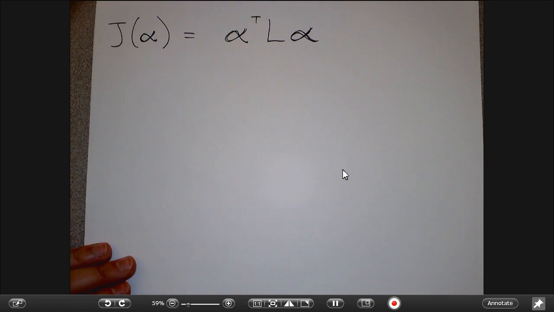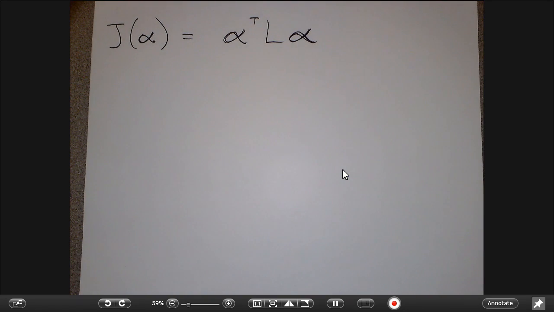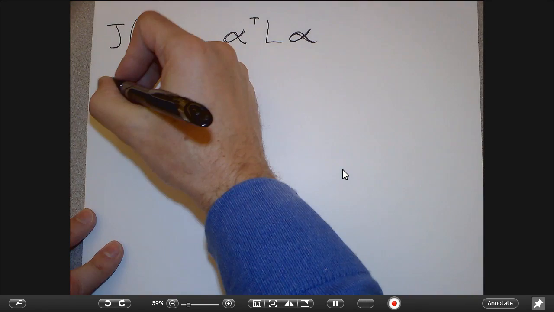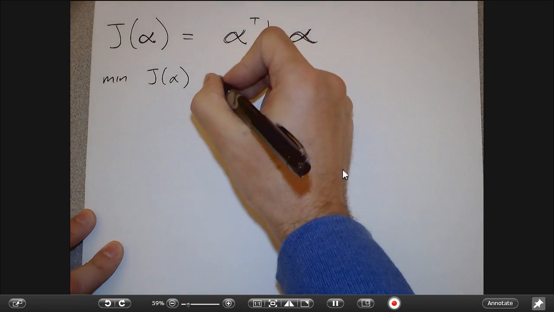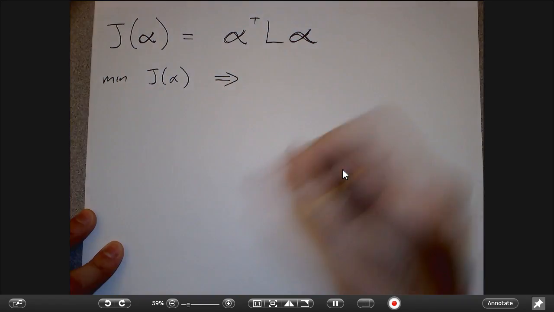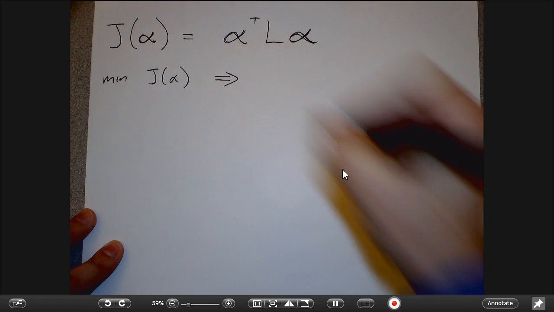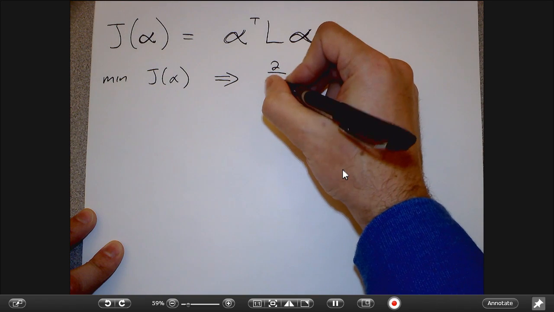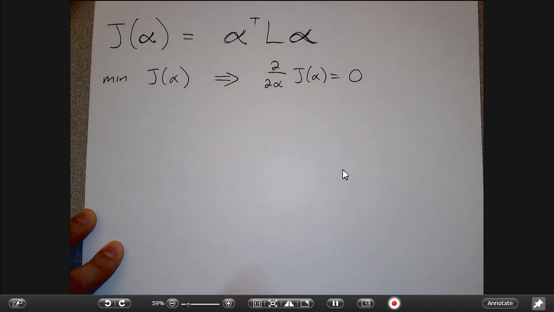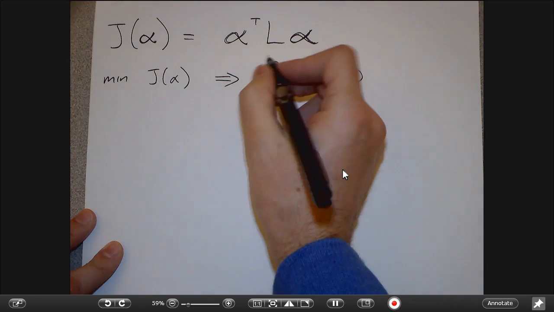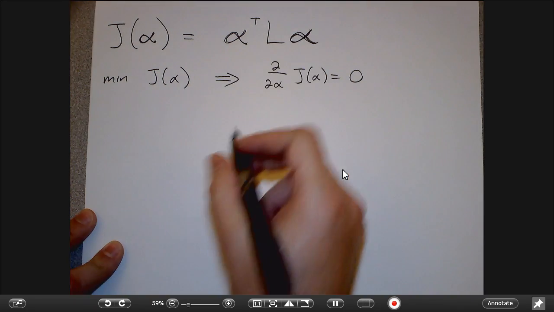And that's a really easy problem to solve, right? So if I want to minimize this thing, how do I do that? Well, just like with any minimization problem, I take the derivative with respect to alpha, and I set it equal to 0. What do I get when I take the derivative of this and set it equal to 0?